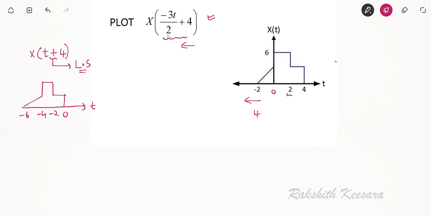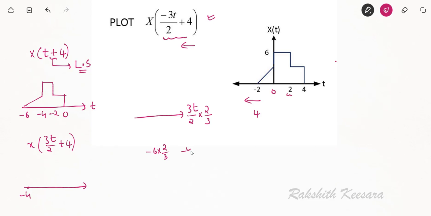After this, I should perform time scaling, that is, x of 3t by 2 plus 4. Here what is happening is, with my signal remaining unaltered, the time axis will be converted to 3t by 2. So I should multiply this whole axis by 2 by 3. What will happen is, minus 6 will be converted into minus 6 into 2 by 3, that is minus 4.